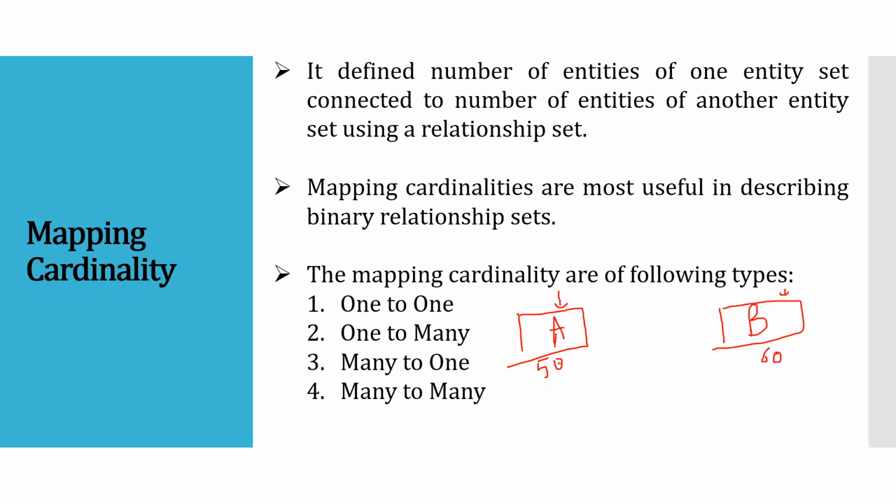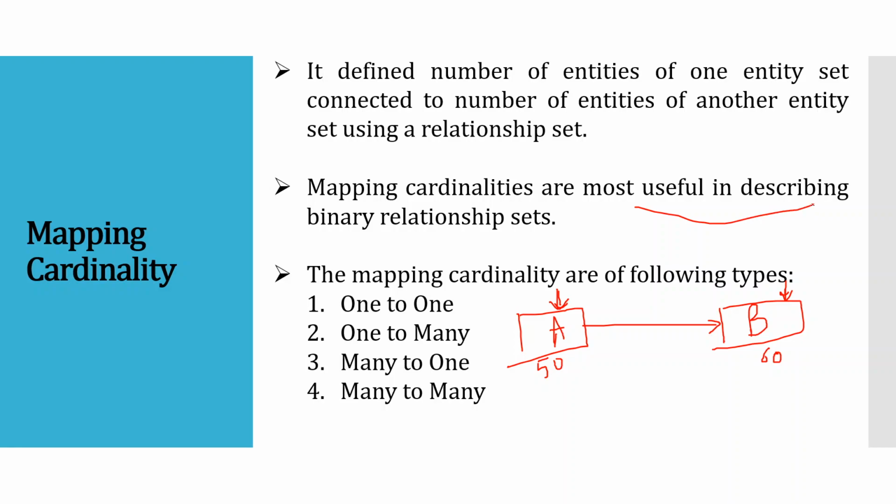It states what number of entities of set A are connected with what number of entities of set B. This is what mapping cardinality means.